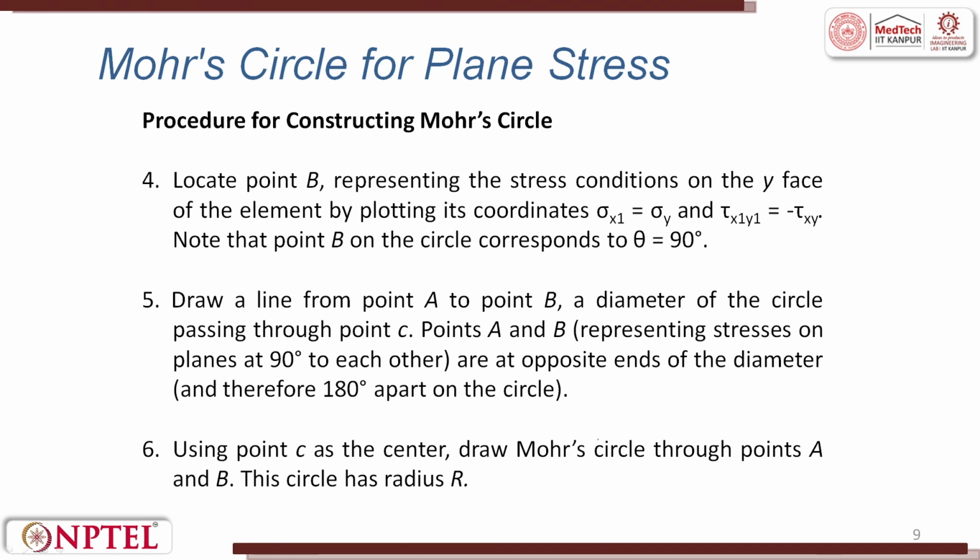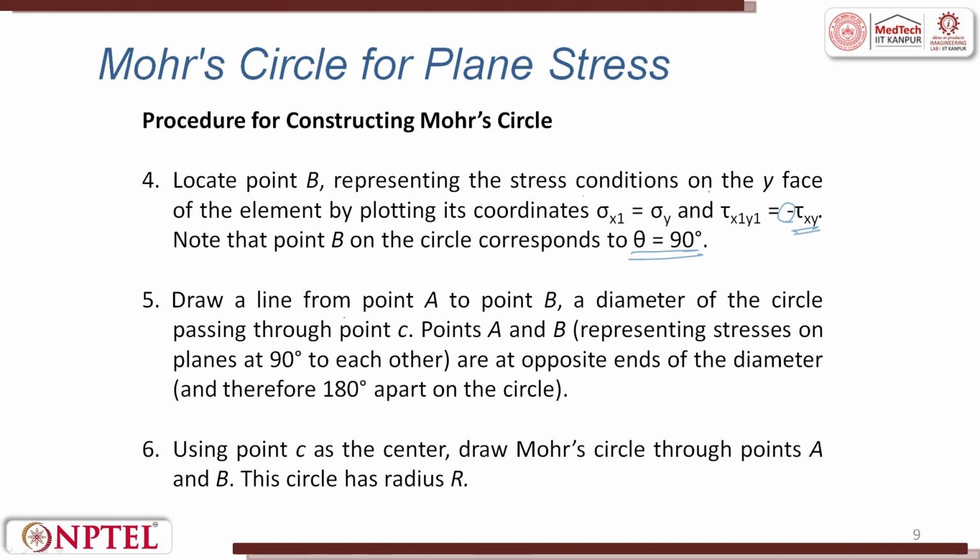Now, let us locate the point B. Point B represents the stress condition on the y face of the element by plotting its coordinates sigma x1 equal to sigma y and tau x1y1 as minus tau xy. So, note the point B on the circle corresponds to theta equal to 90. So, that is why this minus comes into existence.